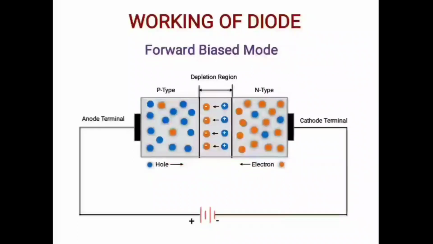In other words, forward applied voltage will push the majority charge carriers at both P and N type regions towards the depletion region. Due to this, the width of the depletion region will reduce. If we further increase the forward bias voltage, the width of the depletion region will further reduce.